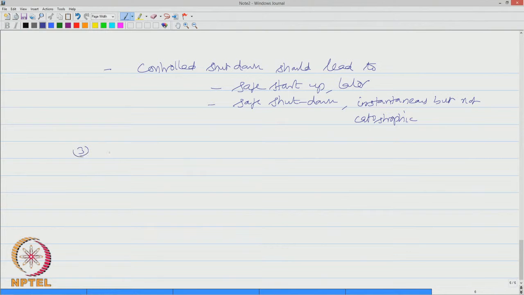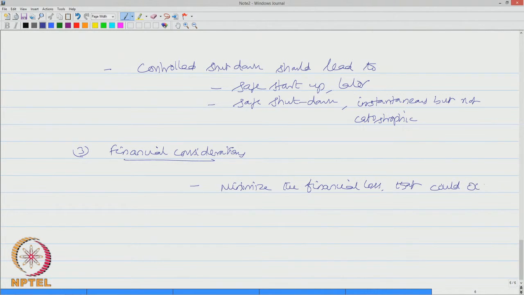Let us see what will be the objective of blast resistance under financial considerations. Blast resistant design should minimize the financial loss that could occur because of accidental explosions.